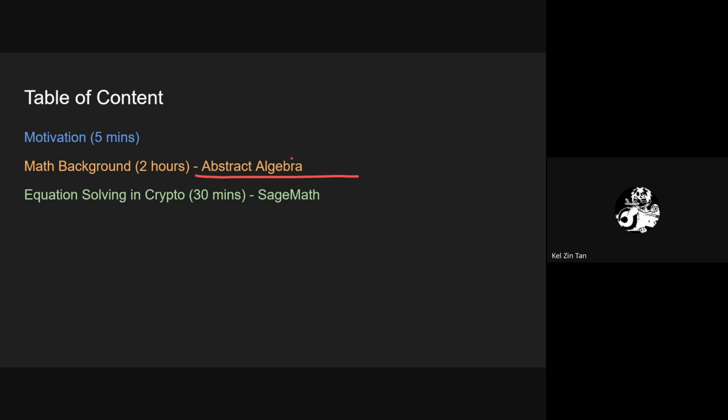Because we need to understand how the tools work. Without this abstract algebra background, even if I tell you how to use it, you probably won't adapt it to different scenarios. Because we can't put all the contents in for so long, we split it into 2 parts, and we'll continue the second part next week on Tuesday at the same time.